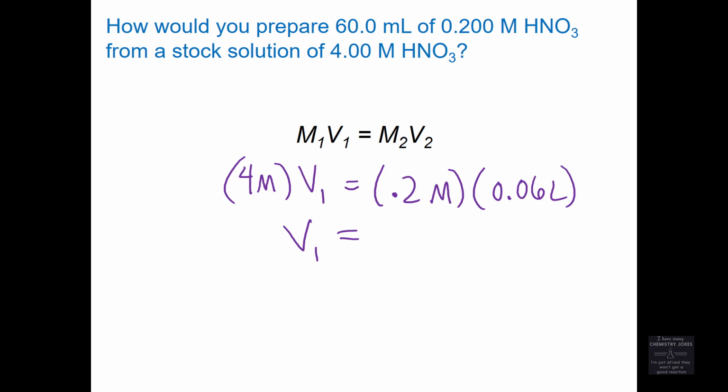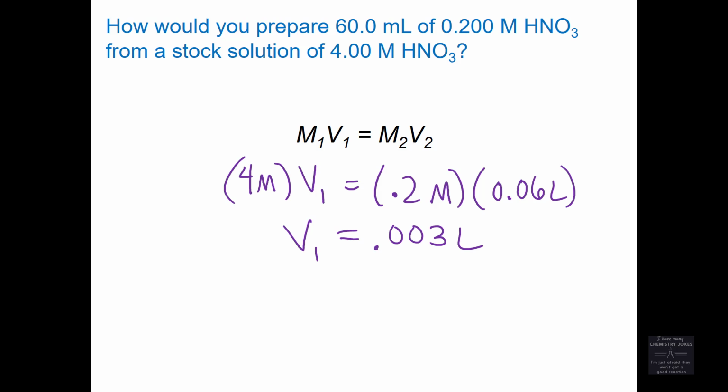It doesn't matter which one's M1, which one's V1. You end up with the volume you solve for being 0.003 liters, exactly the same as we just worked it. That 0.003 liters is 3 milliliters. You're going to add 57 milliliters of water in order to end up with a 60 milliliter solution overall.